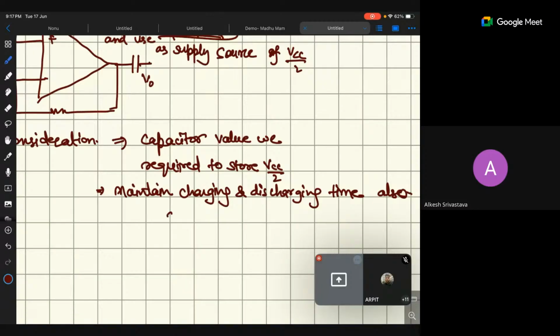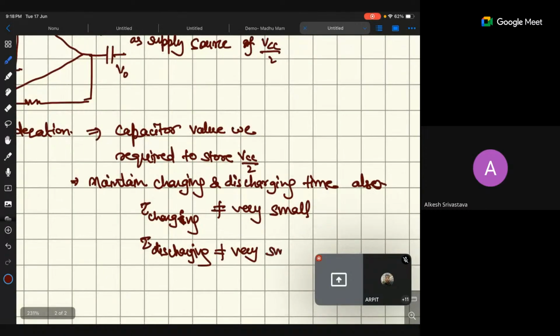That means the top charging time is not very small, as well as the top discharging time is also not very small. Sorry, top charging is not very large. This is the consideration.